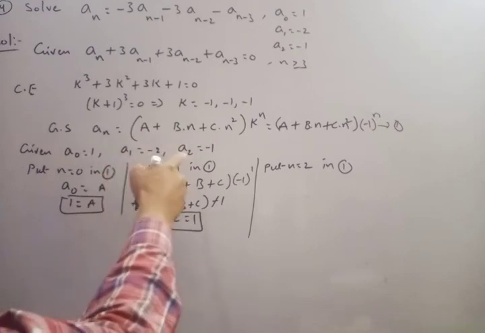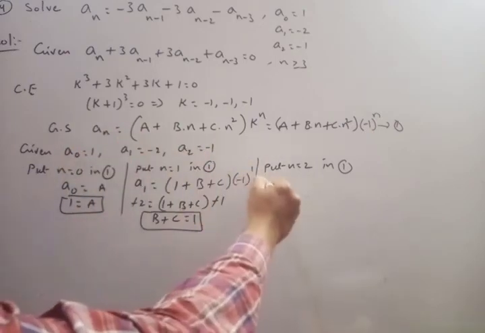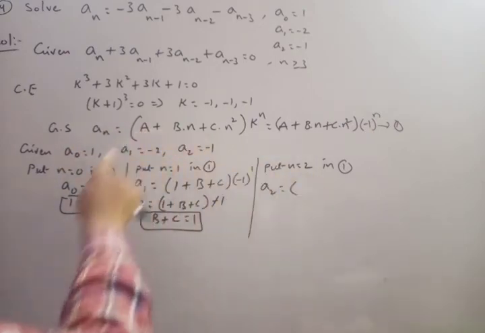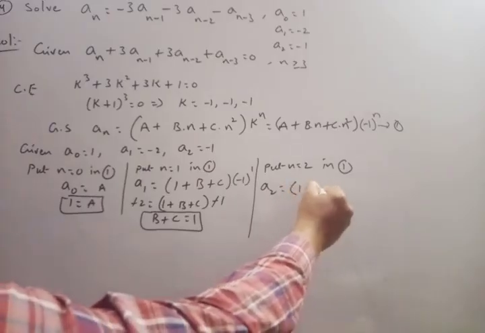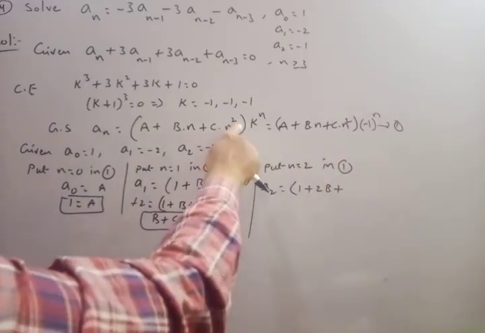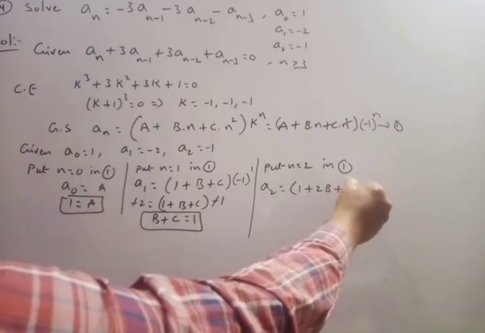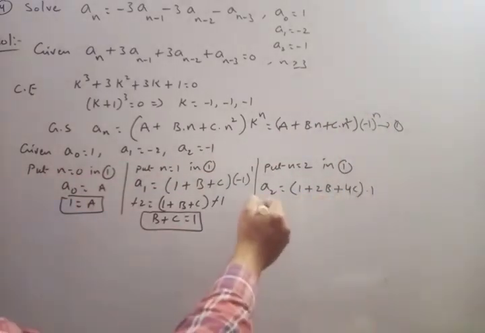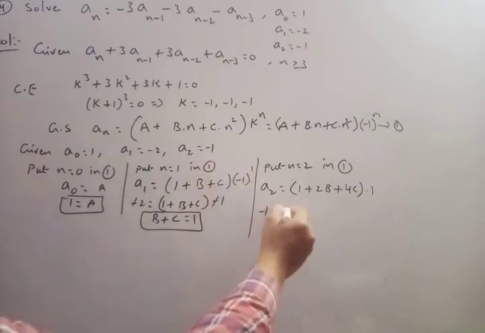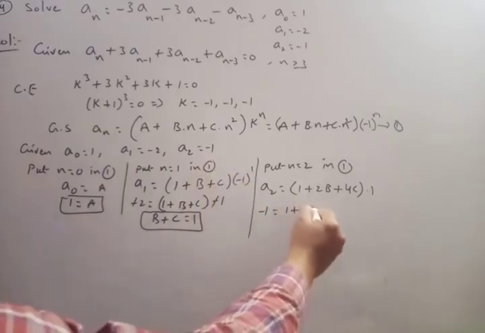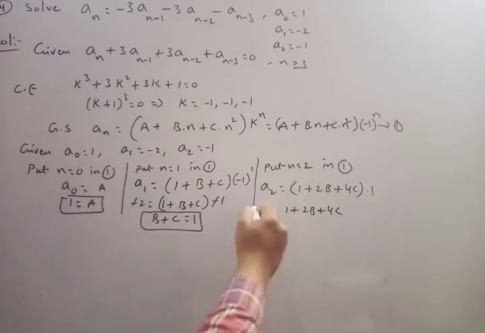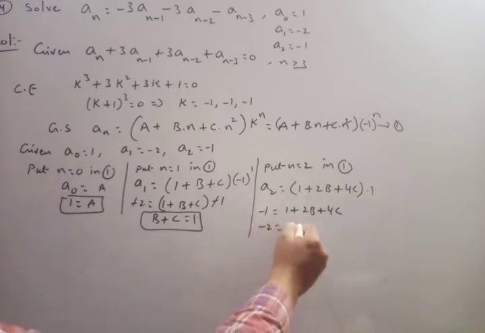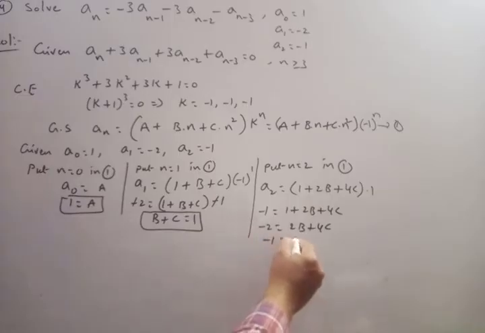So a2 is equal to a, which is 1, plus 2b, n is equal to 2, so 2 square, 4c, and minus 1 power 2 is 1. So a2, which is minus 1, equals 1 plus 2b plus 4c. This 1 goes to this side, minus 2 is equal to 2b plus 4c. Take out 2 common and cancel it, minus 1 is equal to b plus 2c.